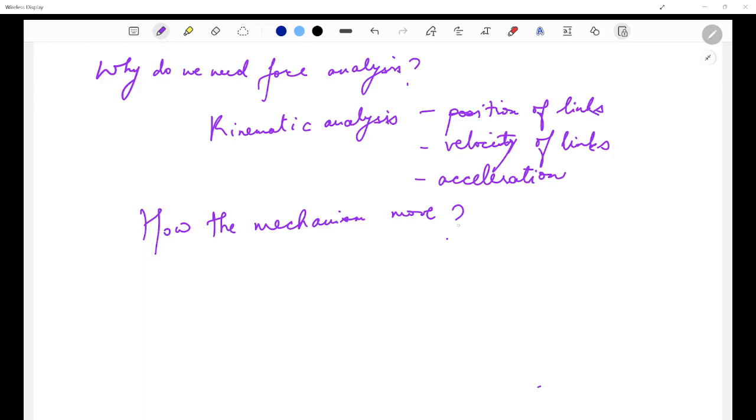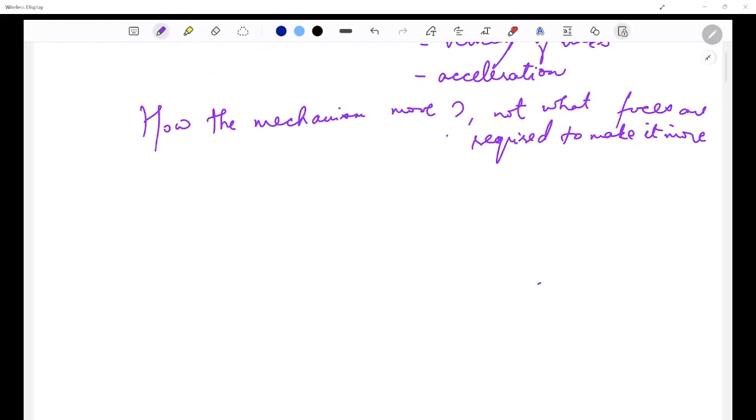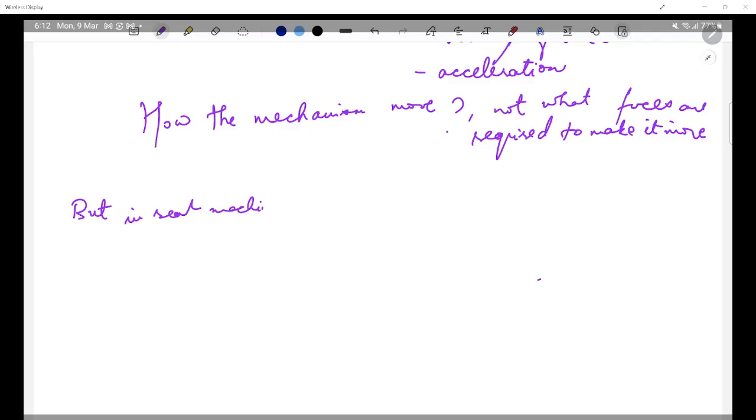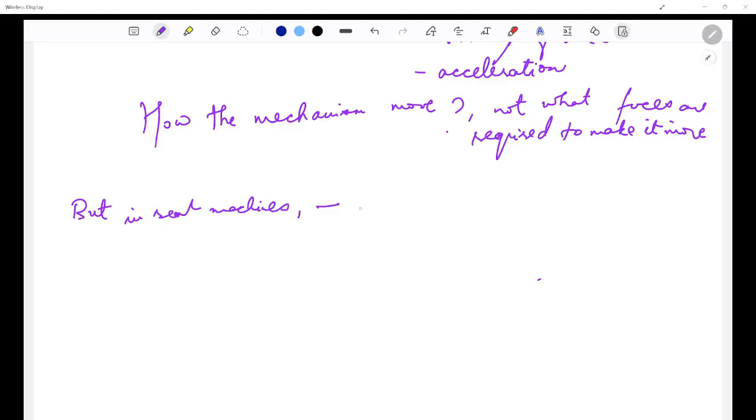And what is not answered? What forces are required to make it move. Okay, this is something that we need an answer for. But what happens in real machines? What do we need to know? We need to know what is the input torque required.